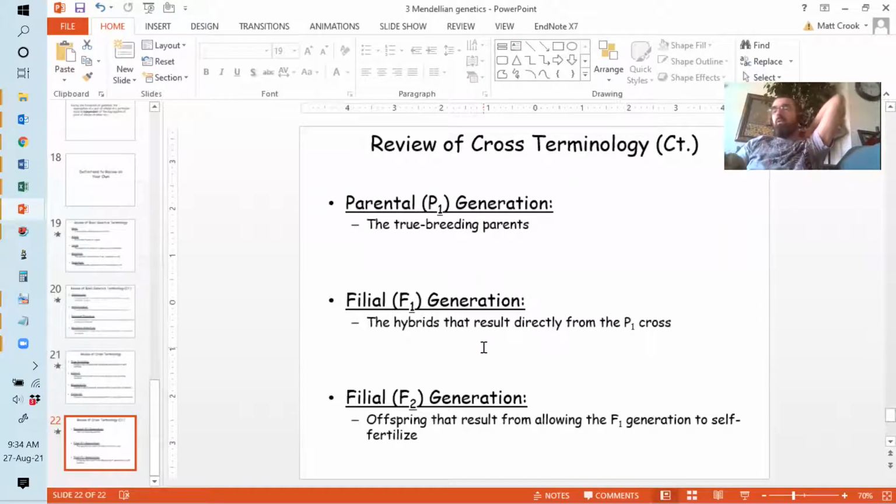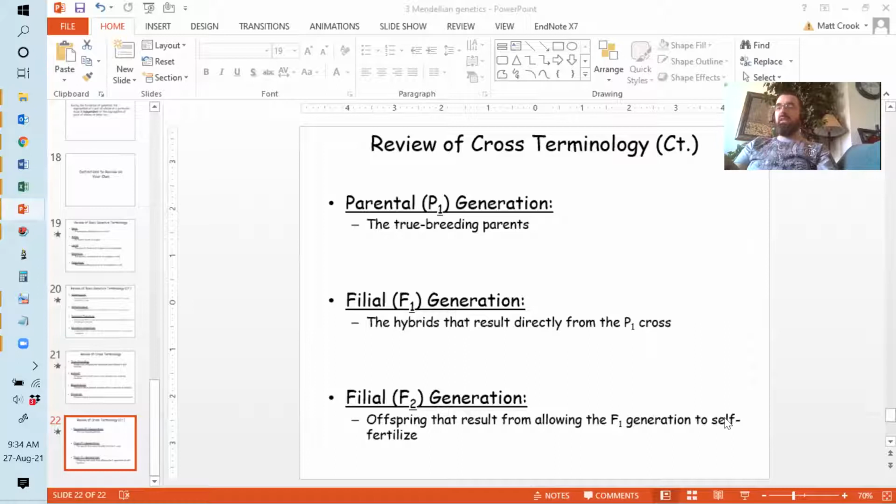The F1 or filial 1 generation are all heterozygous offspring of those parents. And then these are selfed to create the F2 generation. These are the individuals that have those ratios, 3:1 or 9:3:3:1 in dihybrid, that are stereotypical of mono and dihybrid crosses.